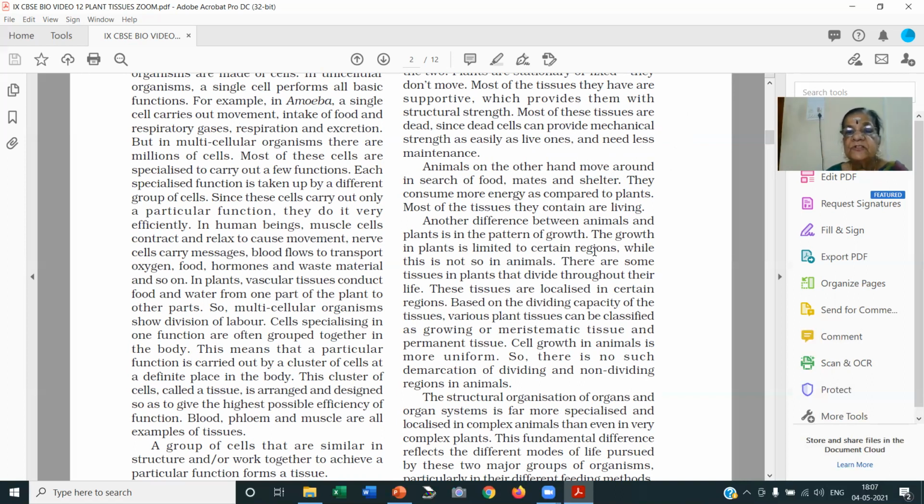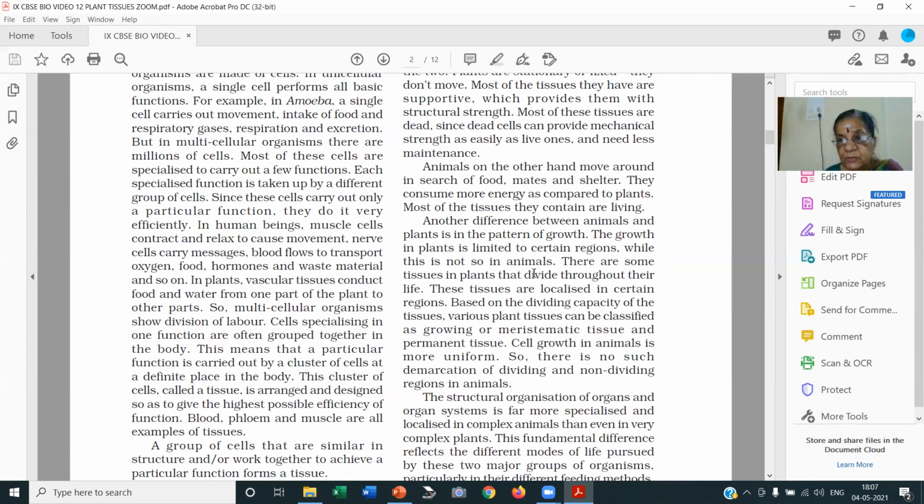Another difference between animals and plants is the pattern of growth. Please underline: the growth in plants is limited to certain regions, while this is not so in animals.